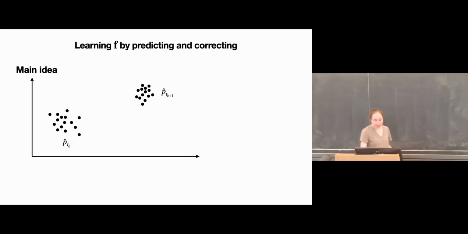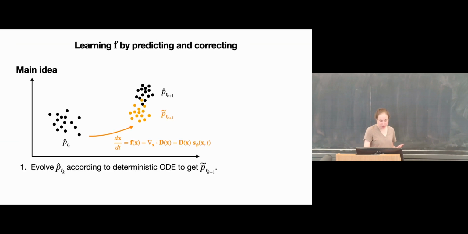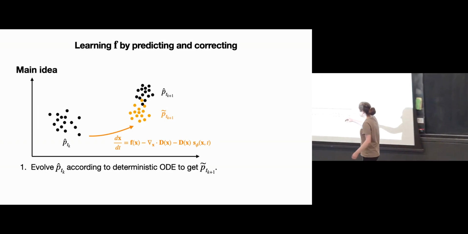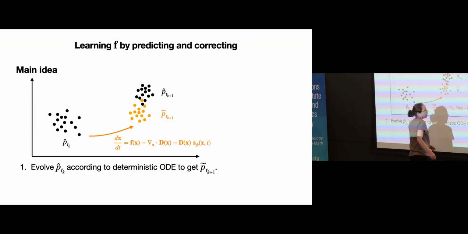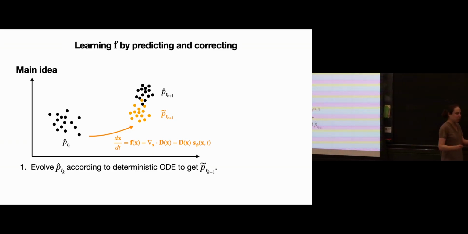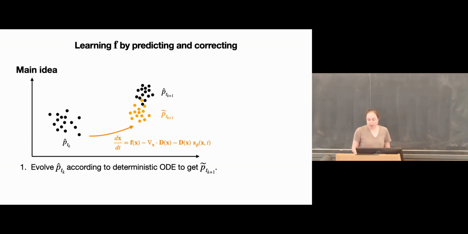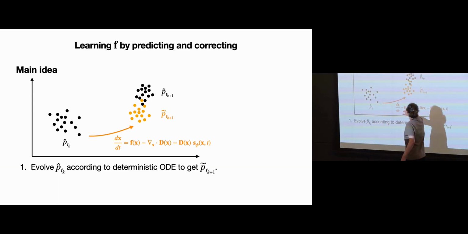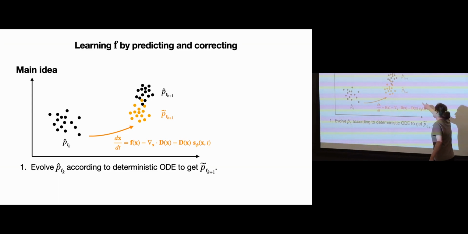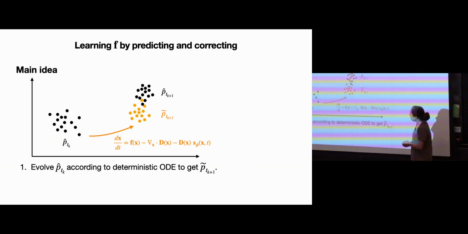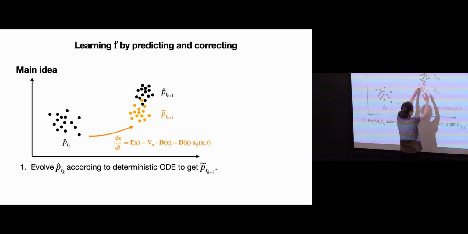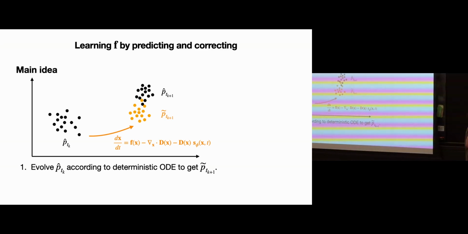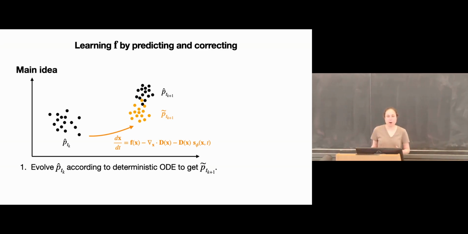Now the way this approach works: you have your points at a particular point in time, and you have your current model, which has whatever you have as F right now, whatever you have as D right now. You've estimated your score function, and so you can simply update your points to the next time point. Then you want to measure how far off you are from the actual set of observed points at that time point.